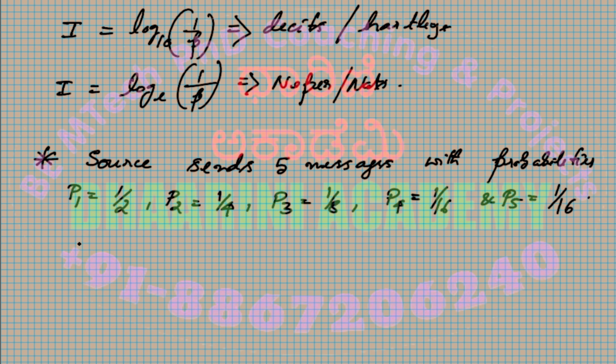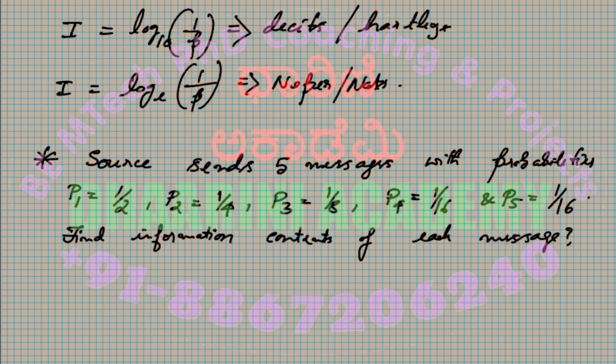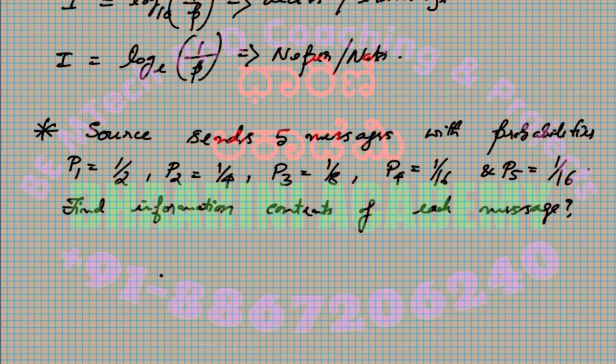Find the information content of each message. They can ask you to find in decits, find in Napiers, find in bits, depending on the question. If nothing is asked, you are free to choose any base that you want to calculate. Normally we go for the bits only.